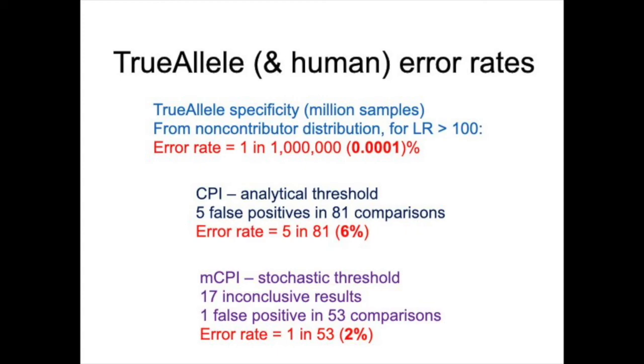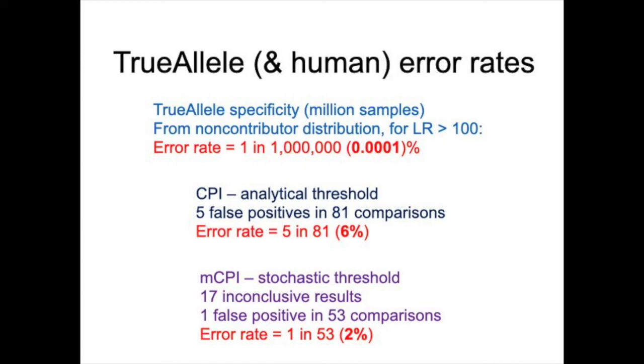So first, with the specificity, the notion of error rates, we can look at rare events where we know that people have not left their DNA and ask what the error rate is. In summary, I won't go into detail, for match statistics that are also called likelihood ratios or LRs that are over 100, a log value of 2.